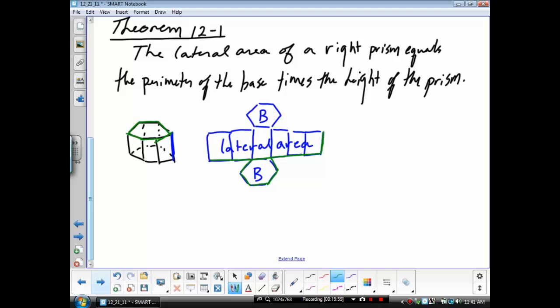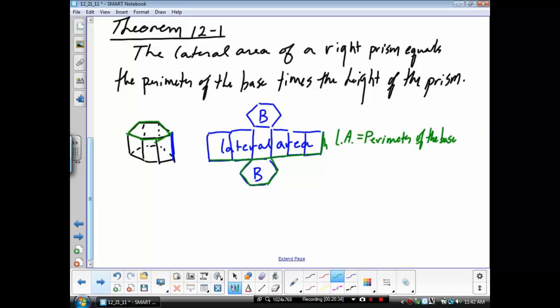So the lateral area, capital L, capital A, is going to be the perimeter of the base times the height, which is this distance right here.